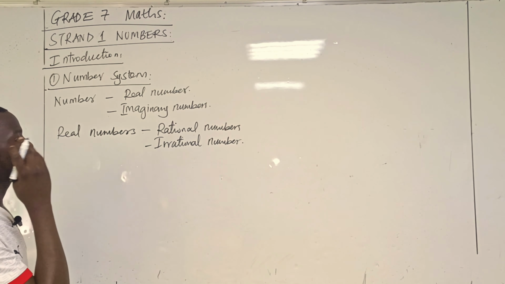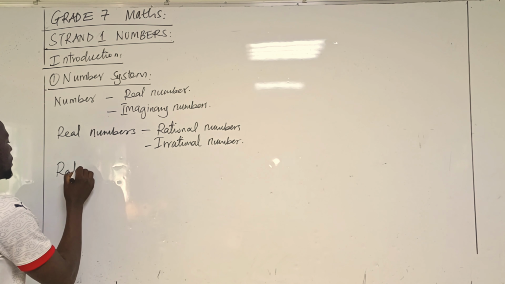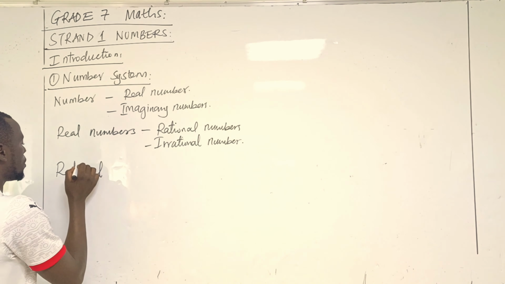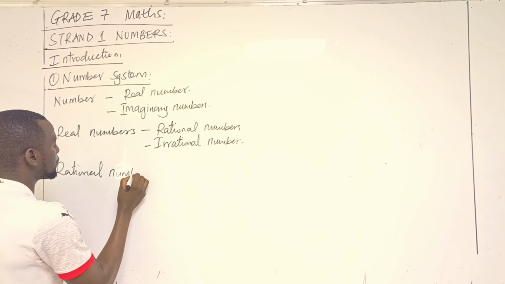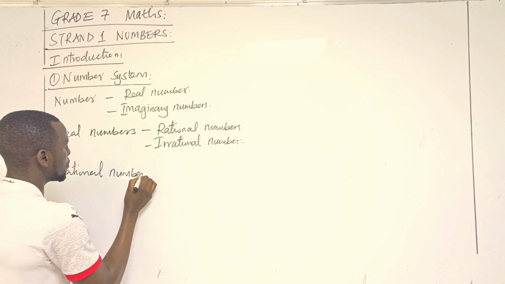So let's talk about rational numbers. For rational numbers, we have fractions, integers, and finally decimals.